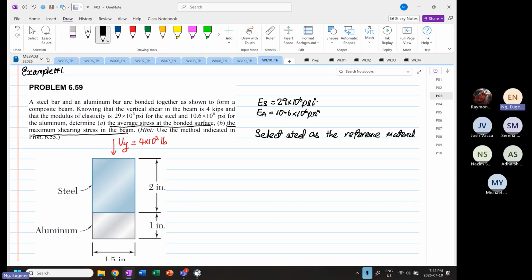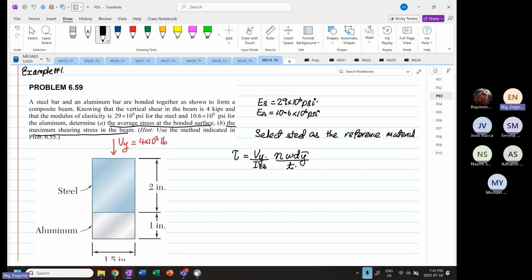Now, before we go into selecting steel for the reference material, we know that the shearing stress is equal to Vy over Izz, and then we have N, width, depth, Y bar divided by thickness.